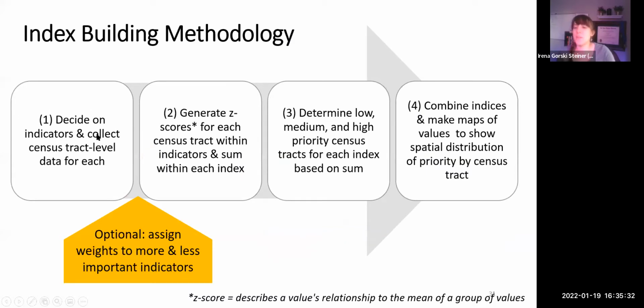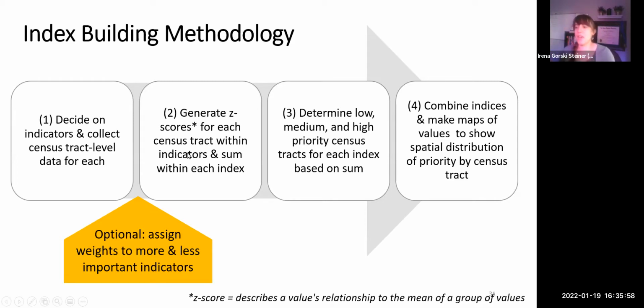But from this effort, we were able to generate z-scores, which basically ranks different census tracts relative to one another. So if you know the percentage of people suffering from asthma in a census tract, and you look at all the census tracts, you're basically ranking them according to each other with these z-scores.